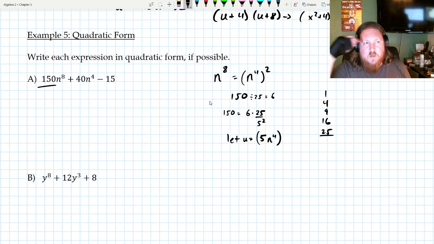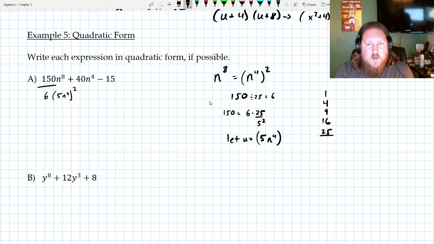Now that's important to pick out now because that's going to change what my other parts are going to be. So the 150 times n to the 8 is going to change into 6 times 5 n to the fourth squared. Because 5 squared is 25 times 6 is 150. N to the fourth squared is n to the eighth.